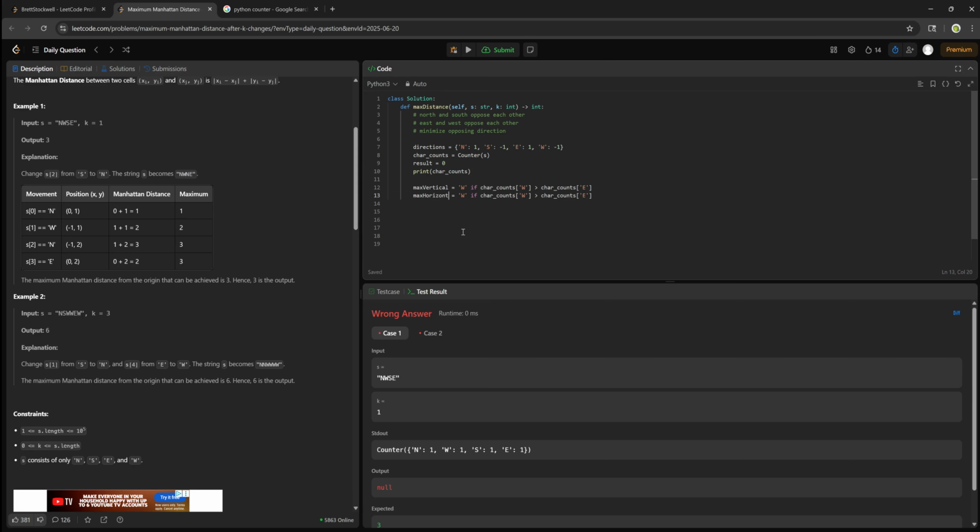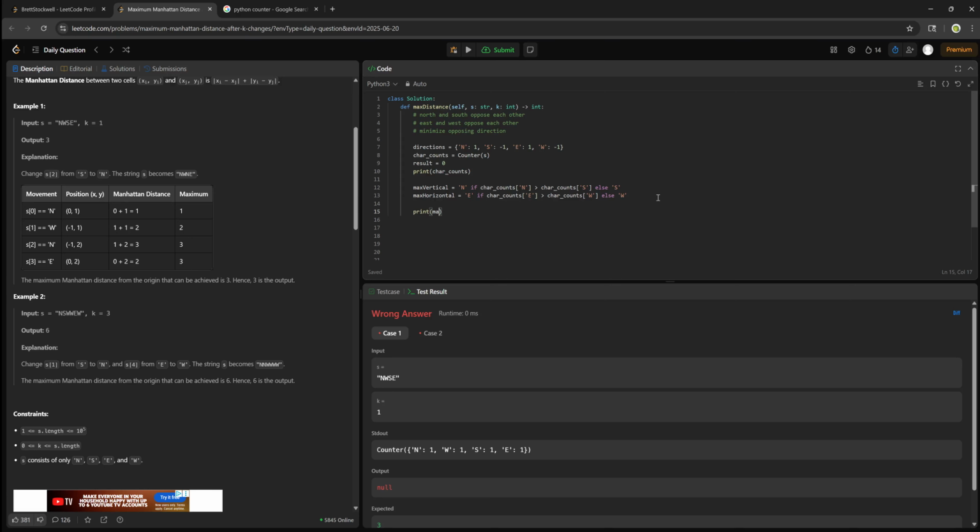Max horizontal would be, oh, I'm stupid, aren't I? It's north and east, north and south. And then we could do east. And then else south, else west.